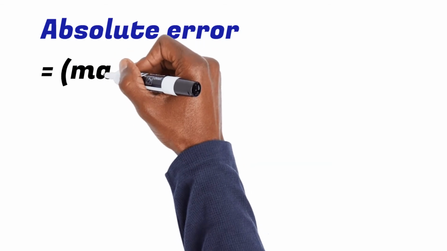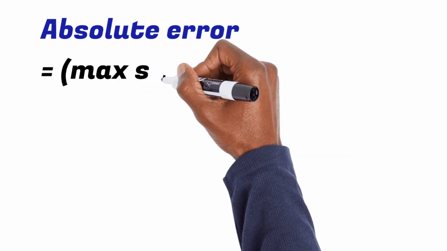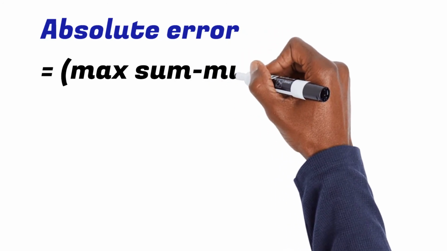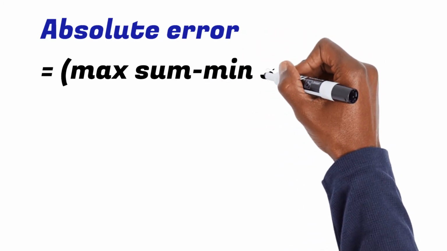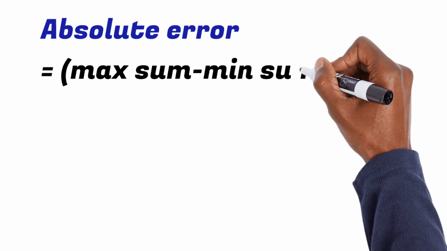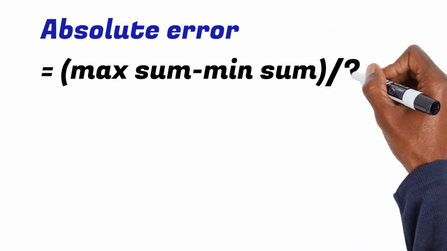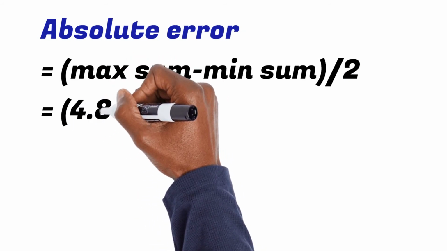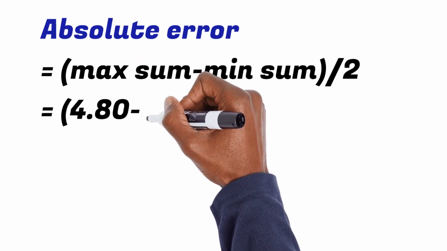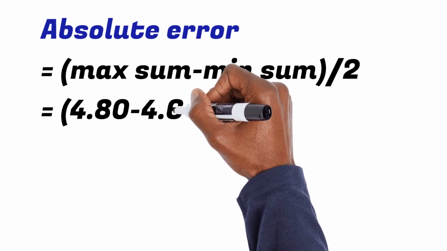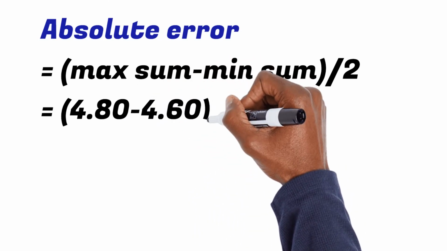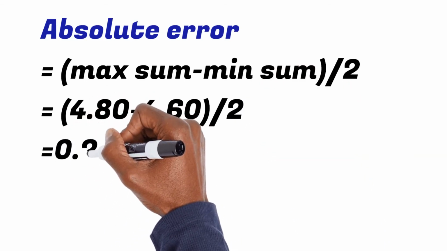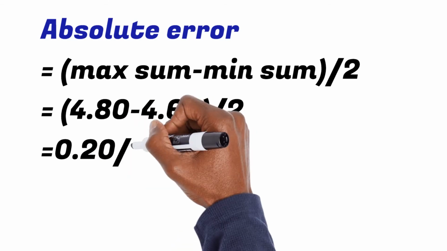The two assist us in obtaining the absolute error, which is half of the subtraction between the maximum sum and the minimum sum, which is 4.80 mm minus 4.60 mm, divided by 2, which is 0.20 mm divided by 2, to have 0.10 mm.